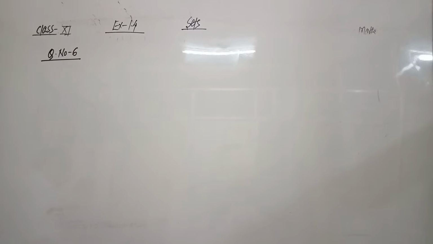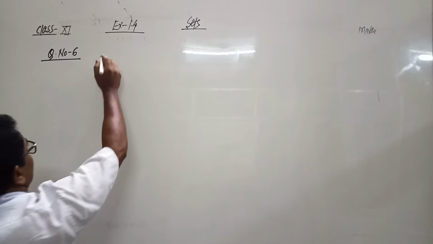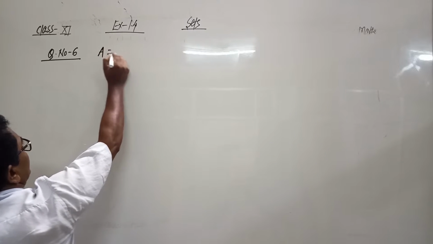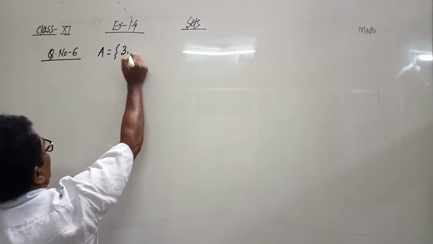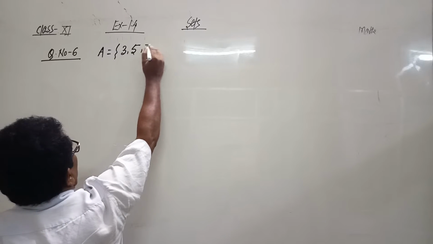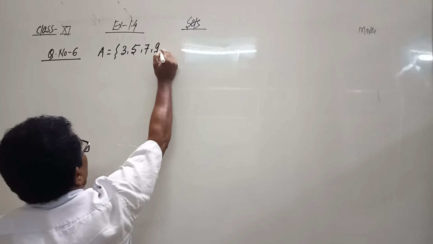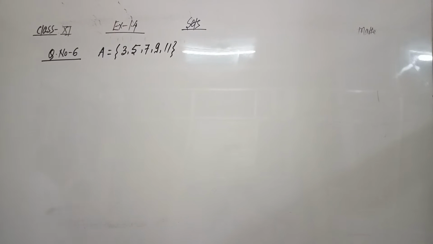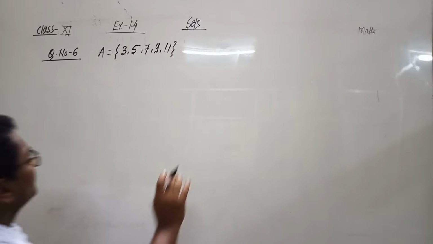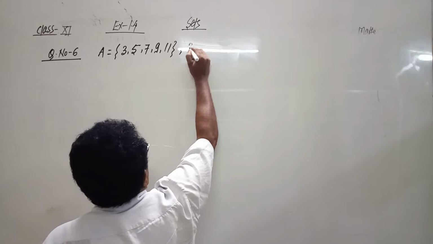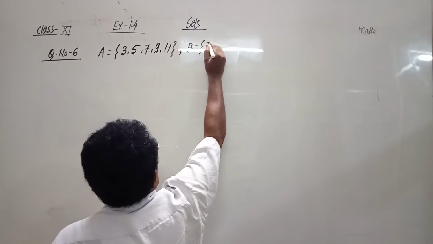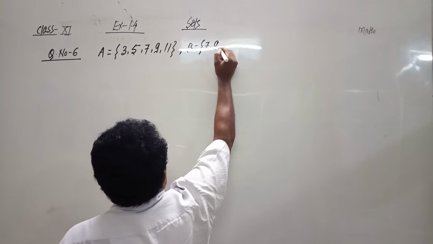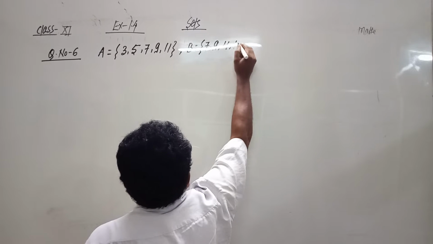We are given set A equals 3, 5, 7, 9, 11, and set B equals 7, 9, 11, 13.